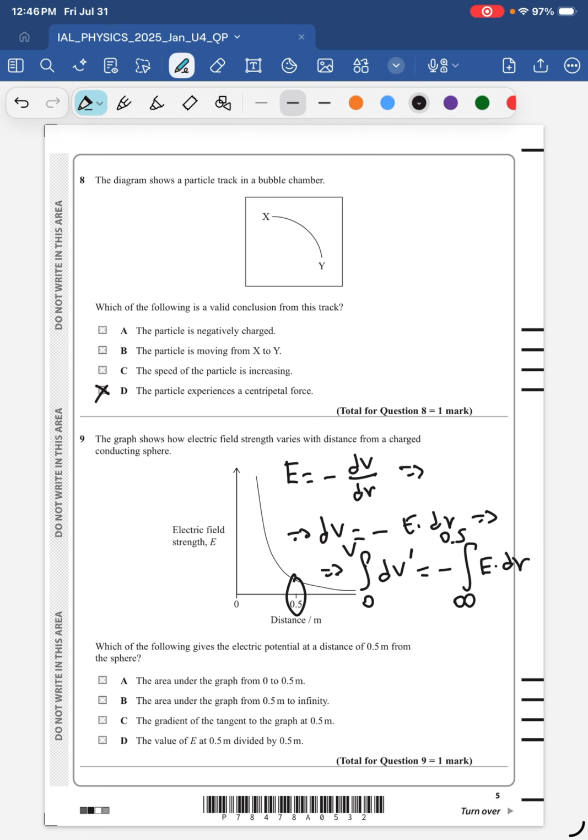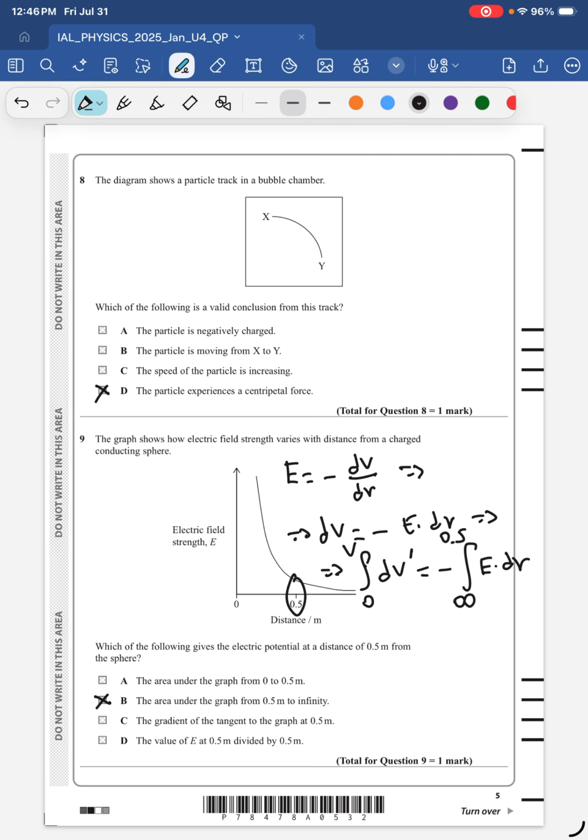A, the area under the graph from 0 to 0.5, that's wrong. B, the area under the graph from 0.5 meters to infinity, that's the correct answer. And then C, the gradient of the tangent to the graph at 0.5, that's wrong.